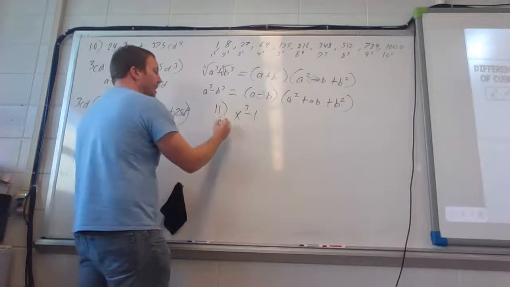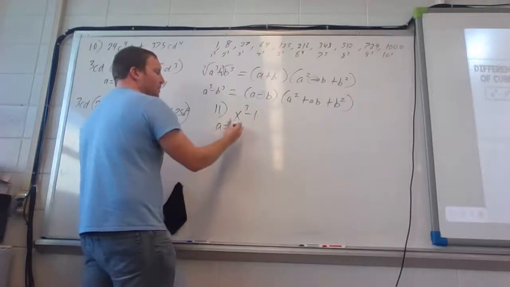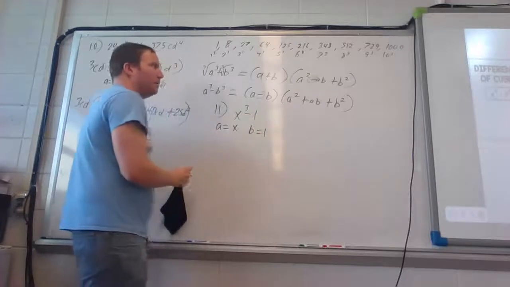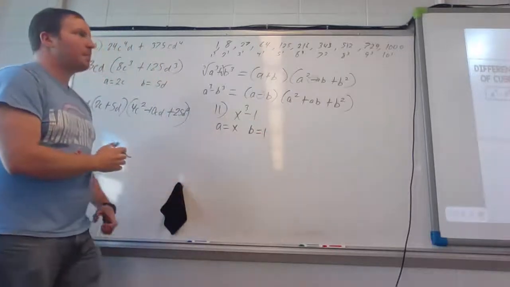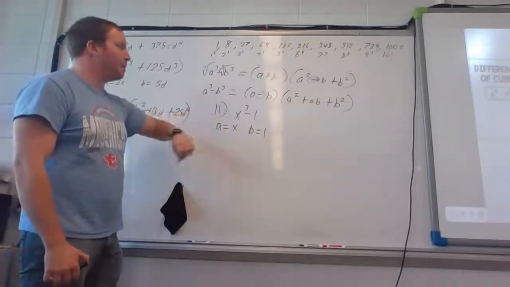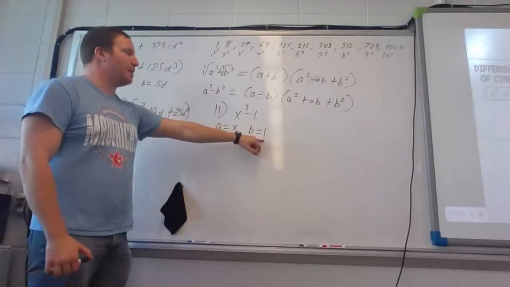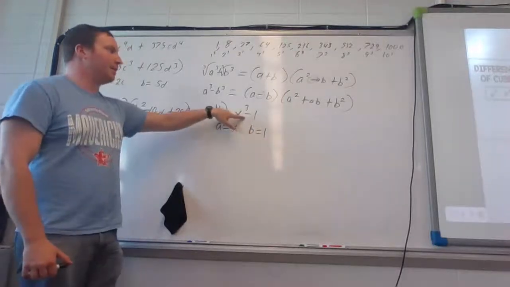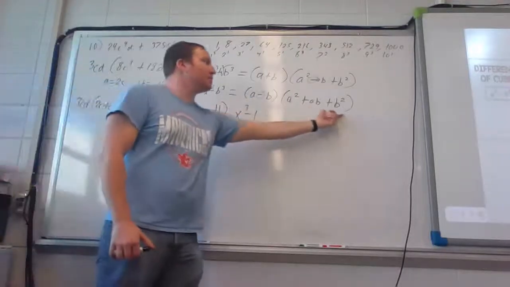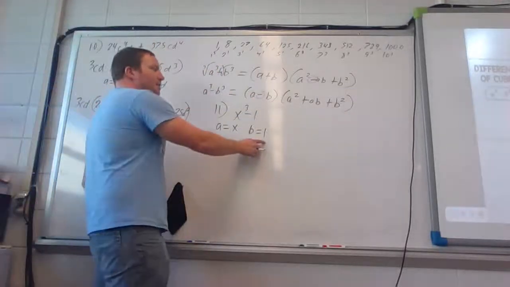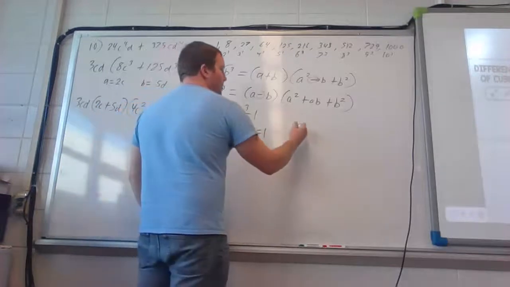So again, cube root of each: my a will be x, my b will be 1. Notice our b is just 1. Our negative here is just telling us that we're going to be using this formula.